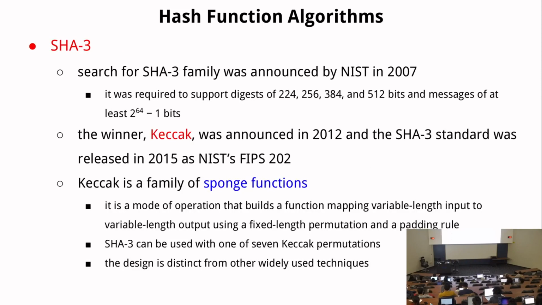SHA-3 is actually called Keccak. This one is pretty new, less than 10 years old. I believe this is the one we're using, and SHA-3 supports different digest lengths. There's no key here, just different digest lengths. It could be as long as 512 bits.